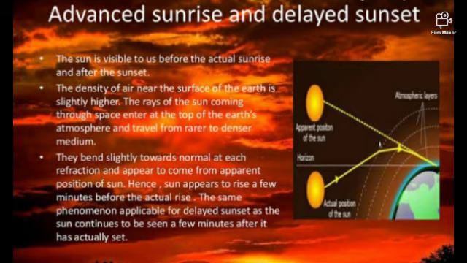So they bend slightly towards the normal in each refraction and appear to come from the apparent position of the sun. So the sun appears to rise a few minutes before the actual rise, and the same phenomenon is applicable for the delayed sunset, as the sun continues to be seen a few minutes after it has actually set.